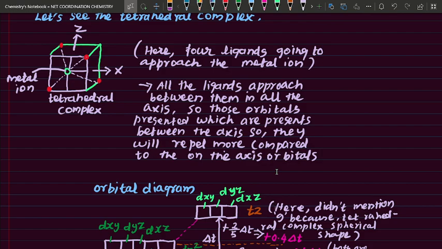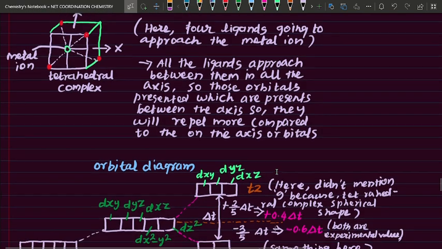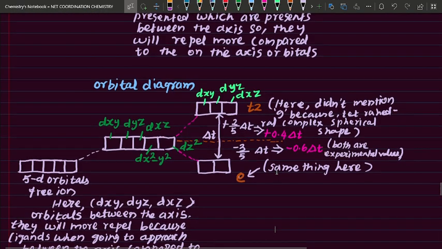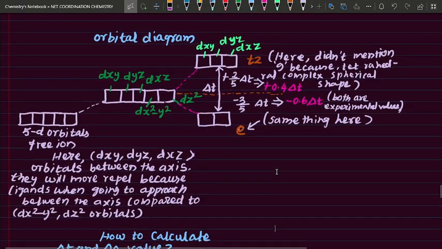Let's see the orbital diagram. See, this is the 5d orbitals, free ion. Here the dxy, dyz, dxz orbitals are between the axes, so they will repel more, because the ligands approach between the axes, compared to the dx²-y² and dz² orbitals.